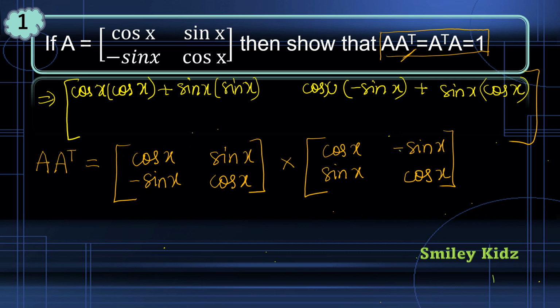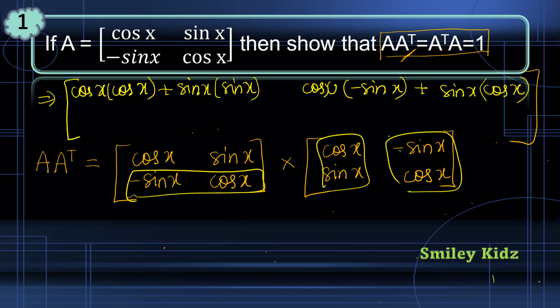Now let's take the second row and the 2 columns. Now minus sin x into cos x plus cos x into sin x.